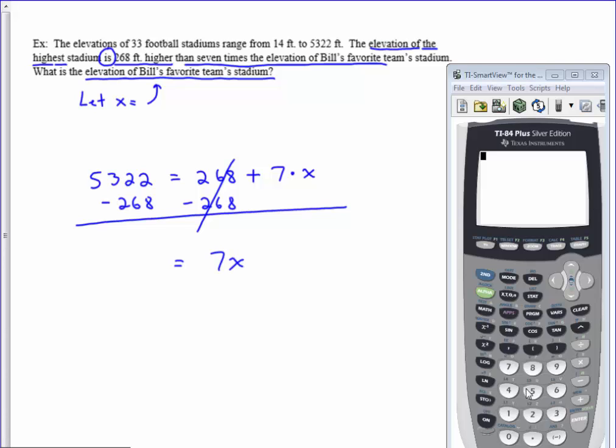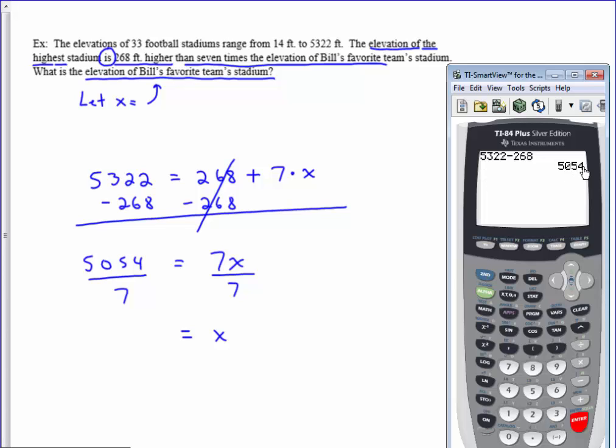On the calculator, we can subtract 5,322 minus 268. That would result in 5,054. As our last step, we would divide by 7. And so x equals, we can do what we did on the last example.